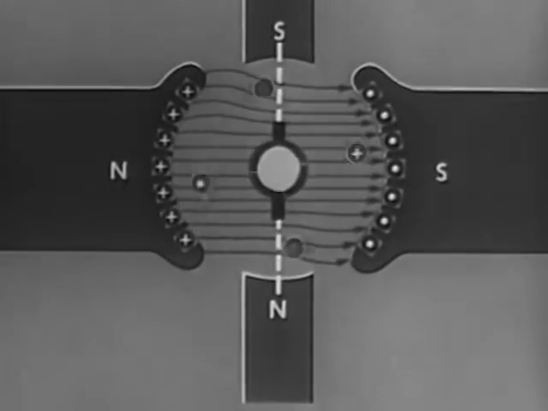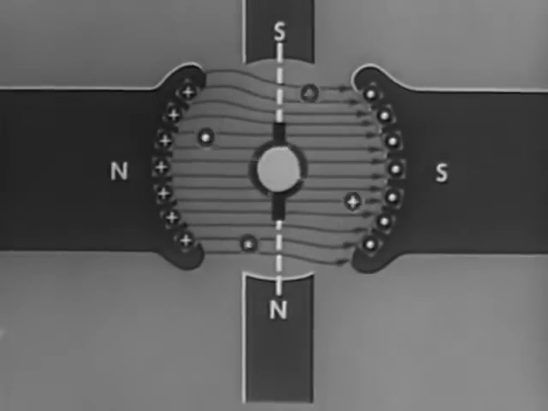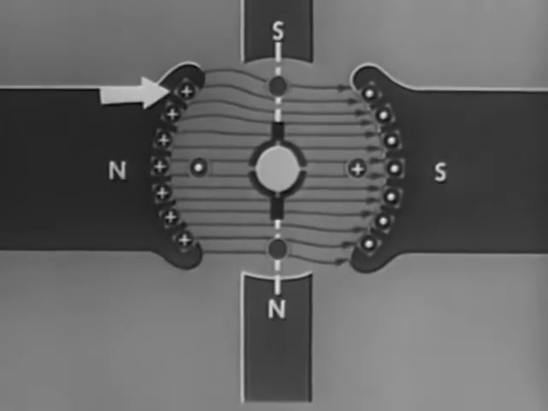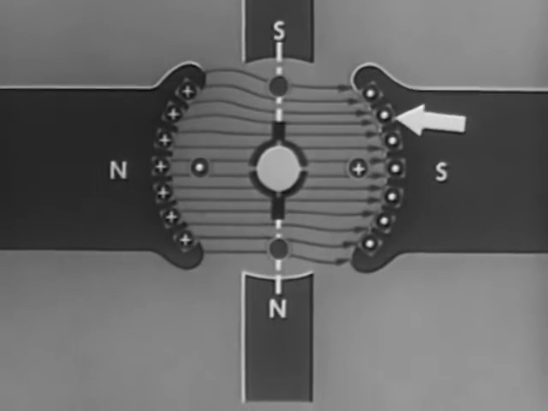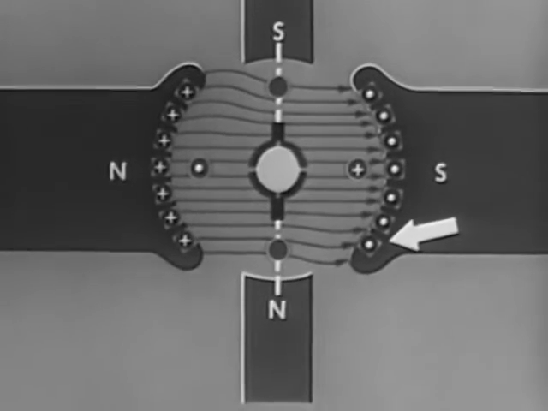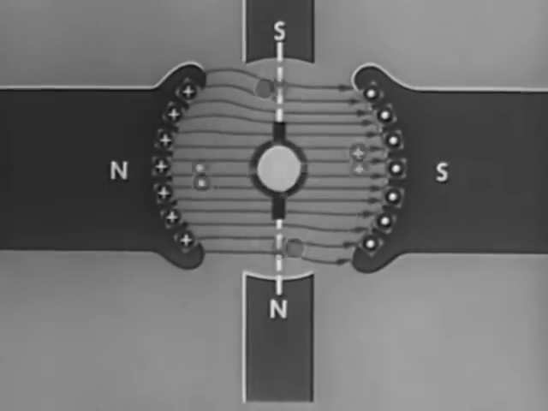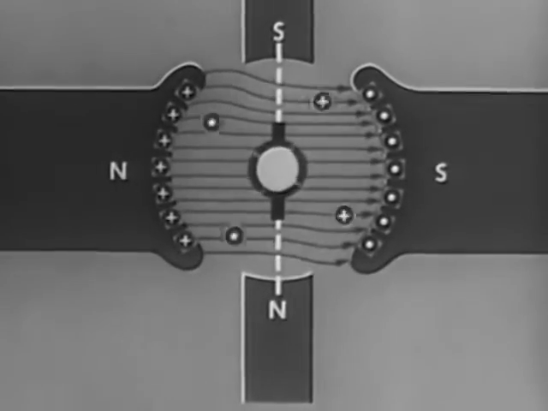In addition, to further counteract armature reaction, windings called compensating windings are sometimes placed in the main pole faces. The current in these windings is armature current flowing in opposite direction to the current in the armature conductors.